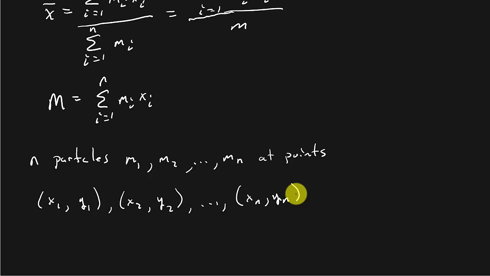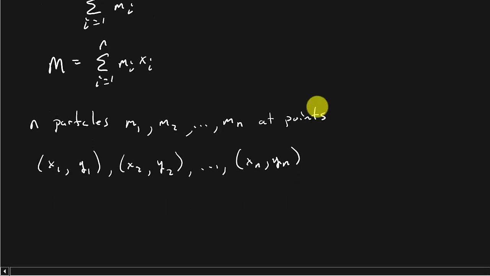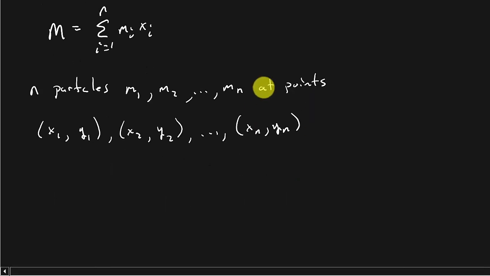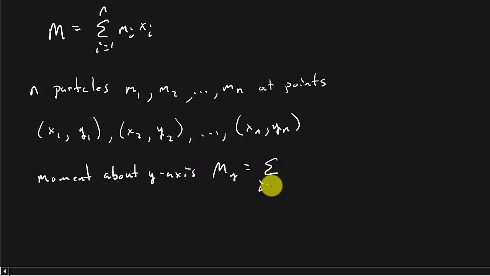By analogy with the one-dimensional case, we can define the moment of the system about the y-axis to be m sub y, which is the sum of i equals 1 to n of m sub i times x sub i.